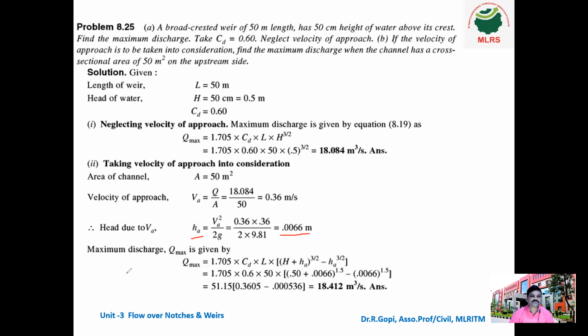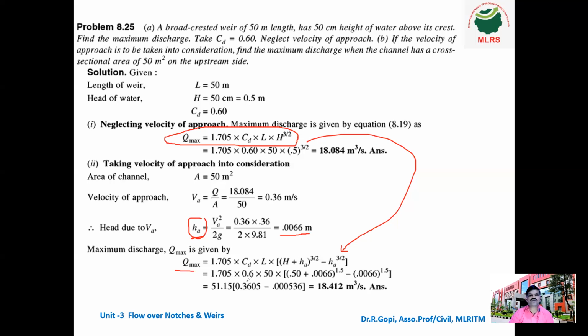So now we will see the maximum discharge. How to calculate it? Same formula, but we have to include this HA. So the formula changes to 1.705 into CD L into H plus HA to the power 3 by 2, minus HA power 3 by 2.